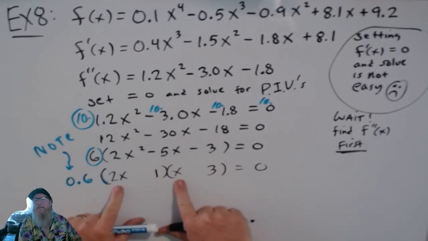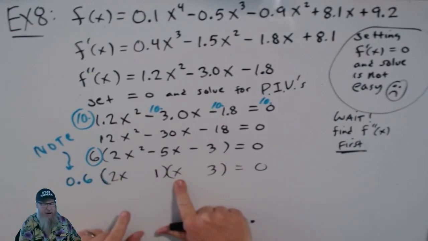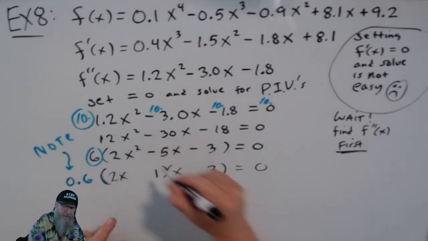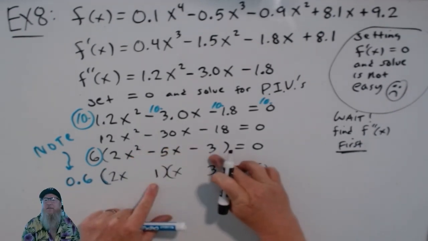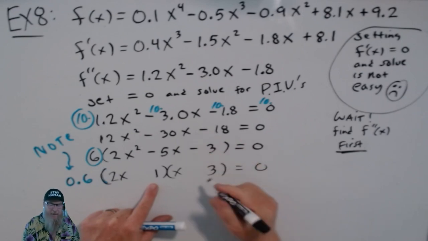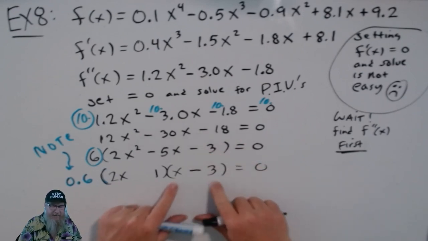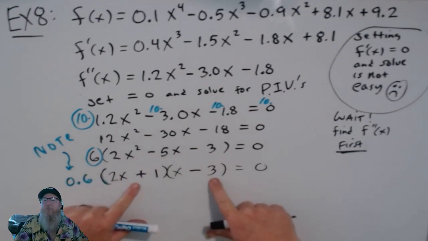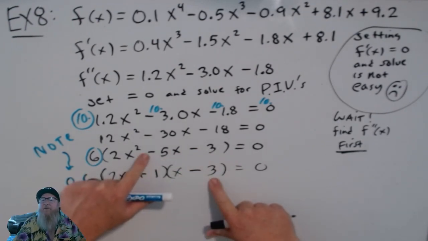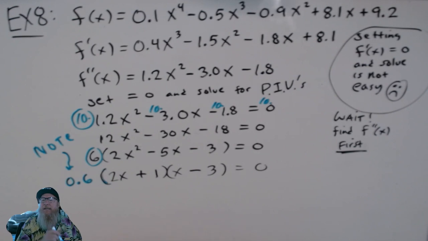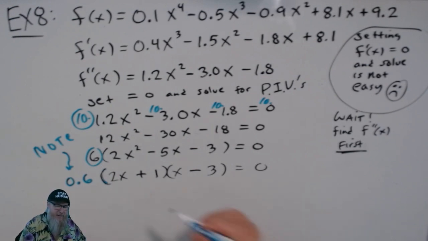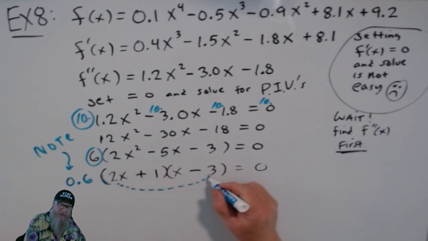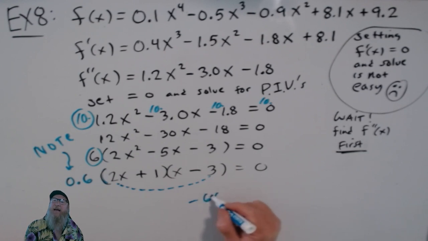So 2x times x is 2x squared. 1 times 3 is 3. If I make that a -3 and a +1, I'll double check the middle term will be -5. Right? You might want to double check that. 2 times 3 is -6x.